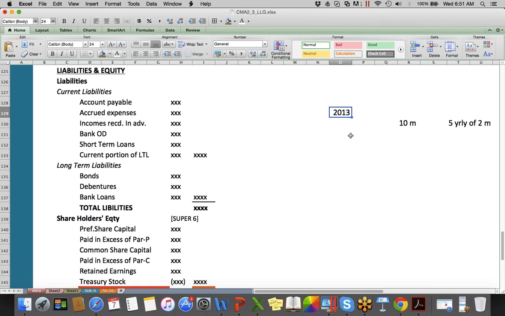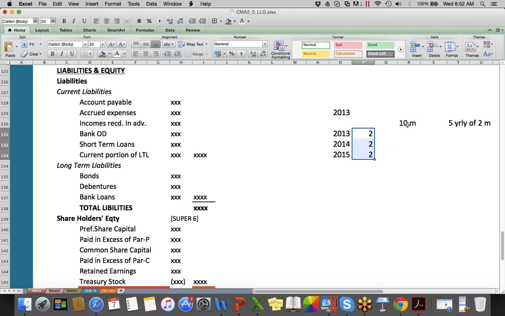So in 2013 you have to pay 2 million plus interest on 10 million. 2014 you have to pay 2 million plus interest on 8 million, reducing balance. 2015 in the month of December you are going to pay, for example, 2 million and the balance of interest on 6 million. So this 2 million will become current liability here.